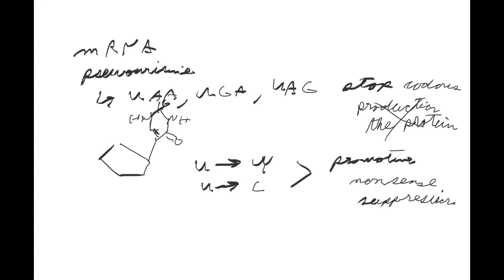So nonsense suppression basically means, so there are different types of mutations, right? And some mutations can be seen, and some are like hidden, right?